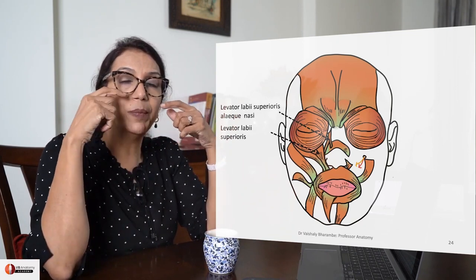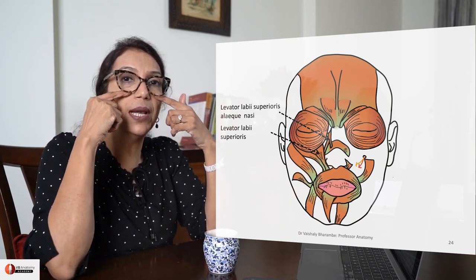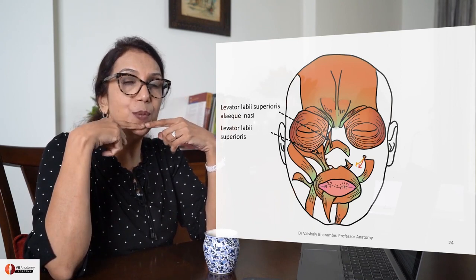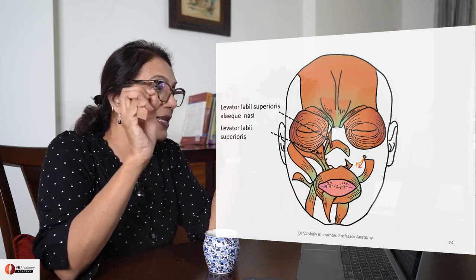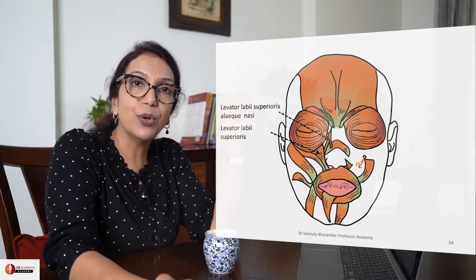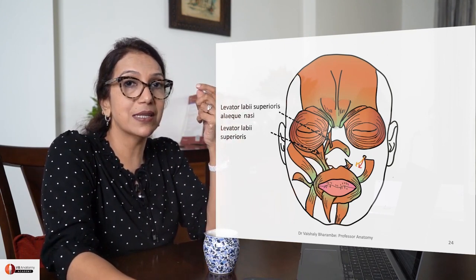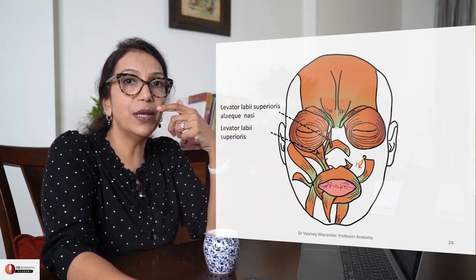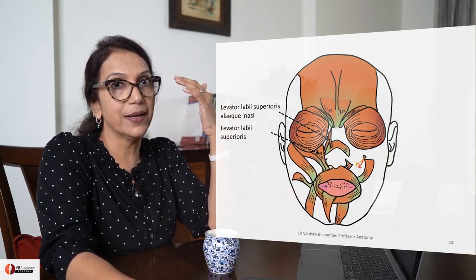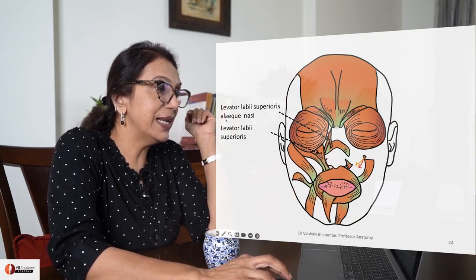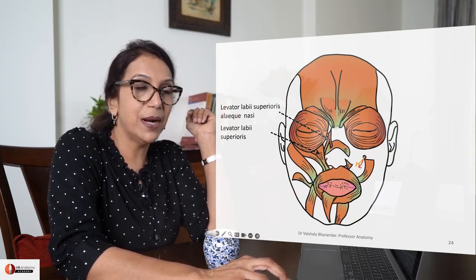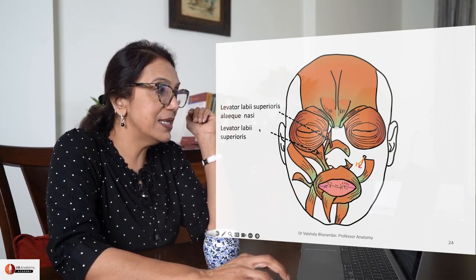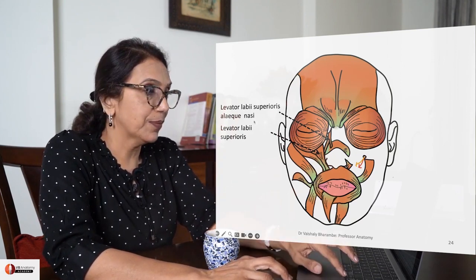For the process of opening, somebody has to lift up your lip, and somebody has to pull down your lip. Elevators of the lip are called levator labii superioris. Levator, elevate. Labii, lip. Superioris, present superiorly. So you have two levator labii superioris. One is giving a bundle of fibers to the nose, hence called alaeque nasi.